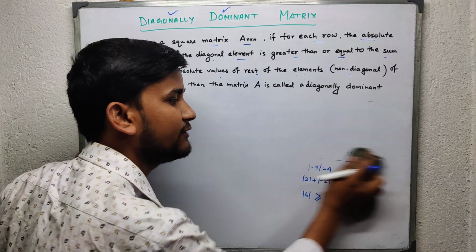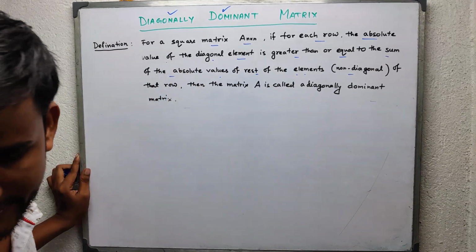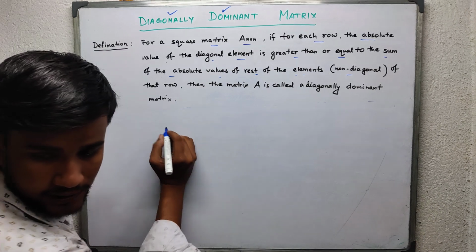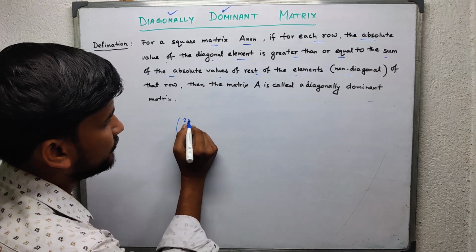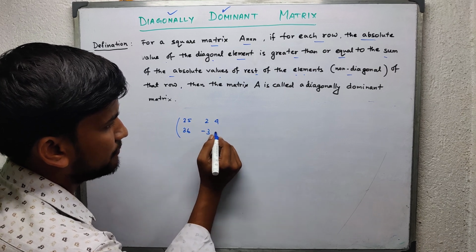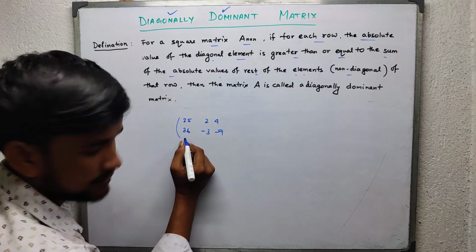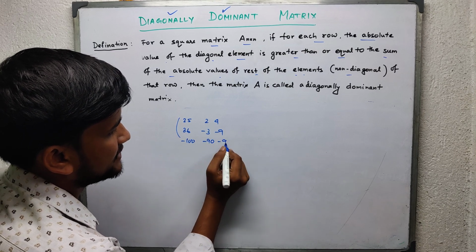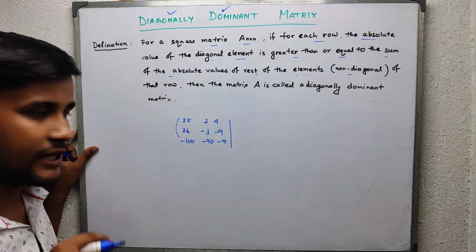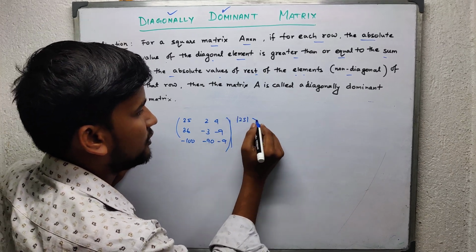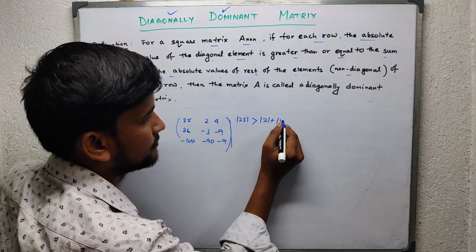Now if we take another example to check whether it is diagonally dominant or not. I take three different examples for three different cases: diagonally dominant, then strictly diagonally dominant. Now, an example: 25, 2, 4, then 36, minus 3, minus 9, then minus, suppose, 100, minus 90, minus 9. For the first row, 25 is obviously greater than 2 plus 4. Fine.